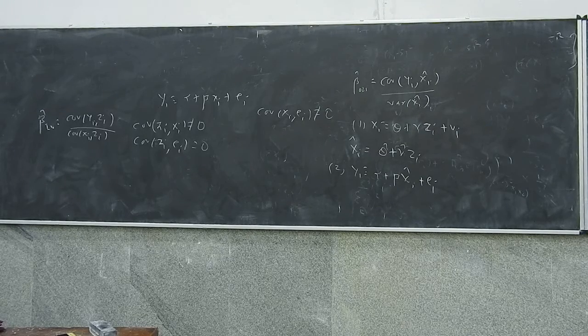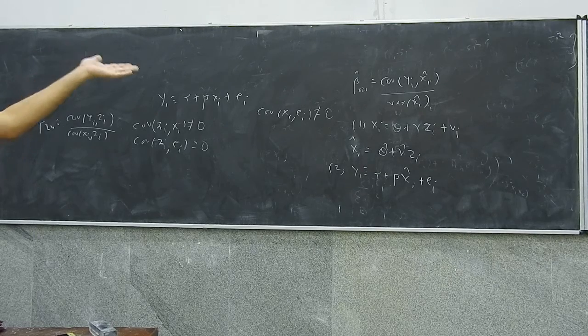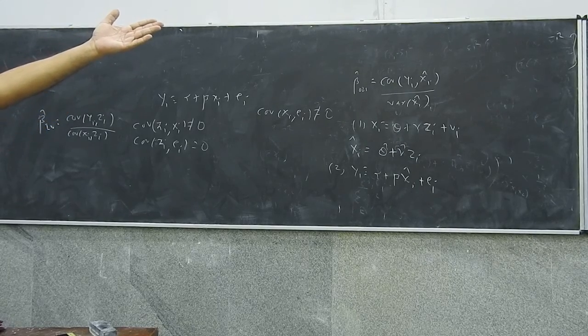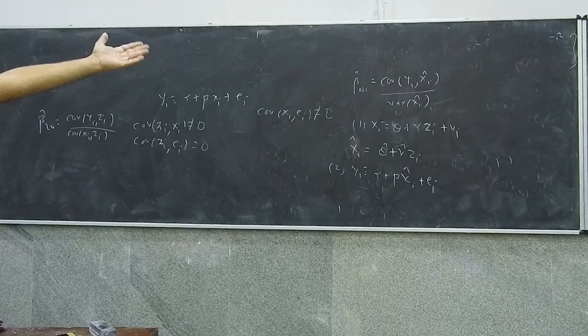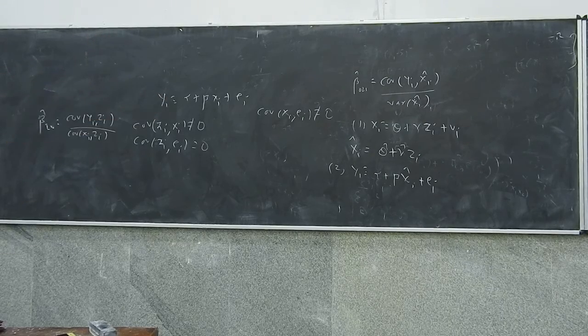So can anybody, can you follow this? It's just a matter of substituting things, no? So you just have to substitute for beta hat. See, what is xi hat? Beta hat zi. Right, so just substitute there, and you will get your answer. Right, this is homework for all of you.